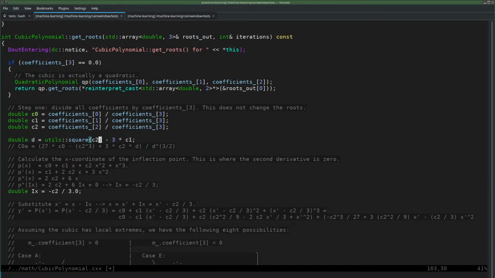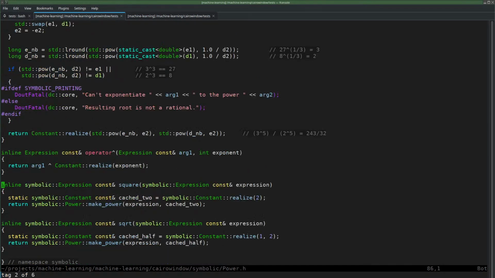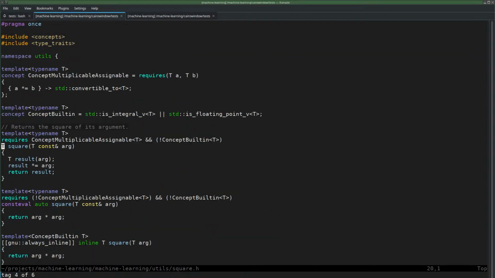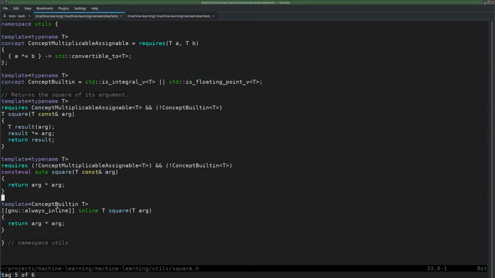And if anyone wonders why I would do that, isn't that slow or something? Well, this square is defined as this one. If T is a built-in and double is a built-in, then always inline this, aka it's just literally argument times argument.